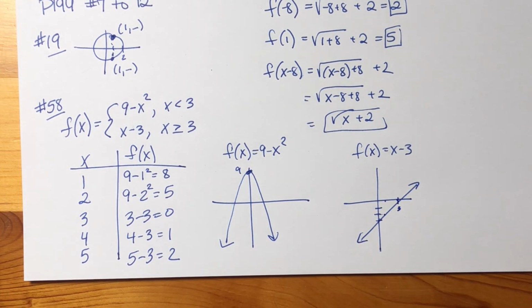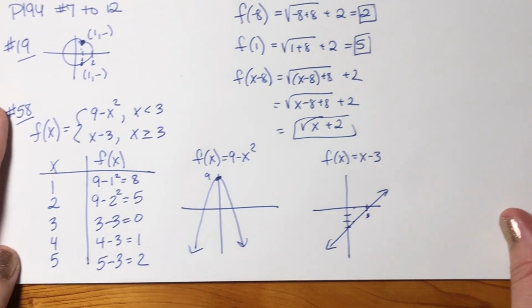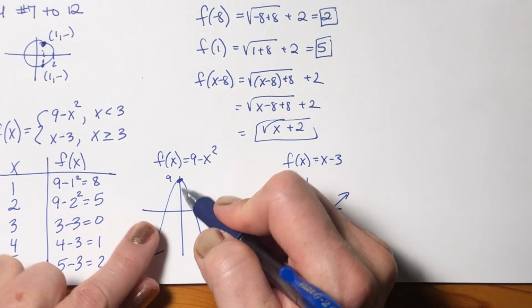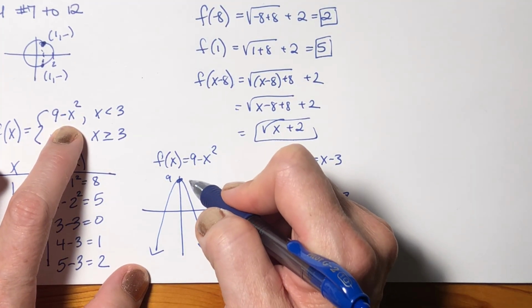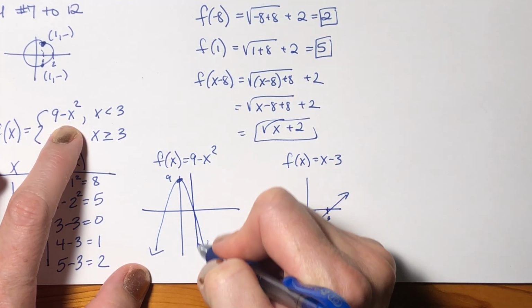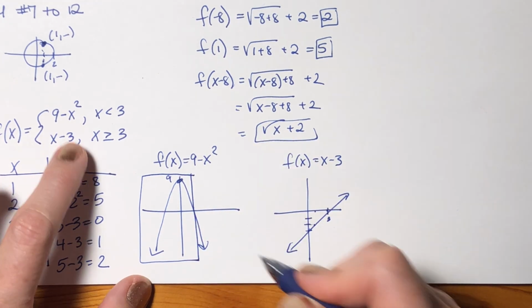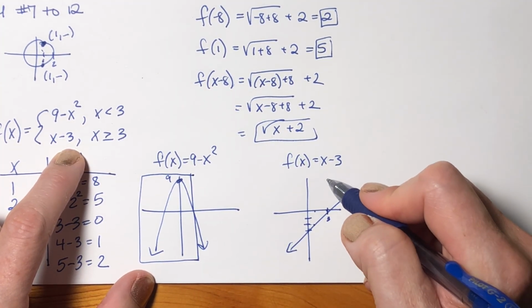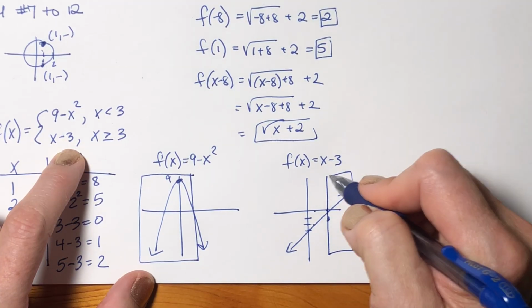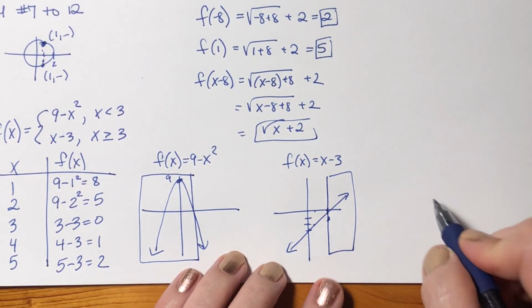So what we're going to do to make the graph of the piecewise function is use this formula for where x is less than 3. So this part of the graph, I'm taking this part. And over here, I'm going to use this graph where x is greater than or equal to 3. So I'm going to take this part of the graph and stick them together.